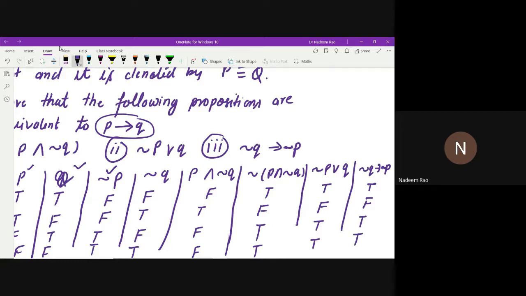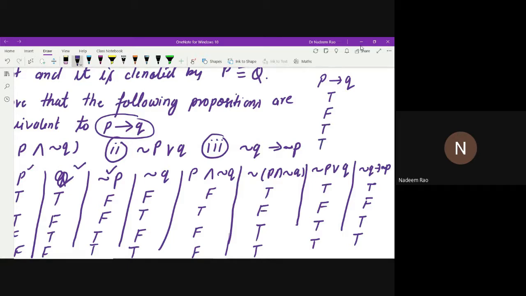Now, if you talk about P implies Q, when both are true, it is true. When P is true and Q is false, it's false. If P is false and Q is true, it's true. Both false, then it's true.